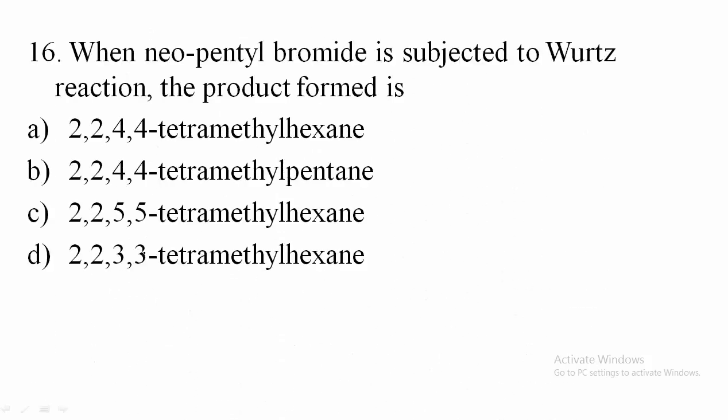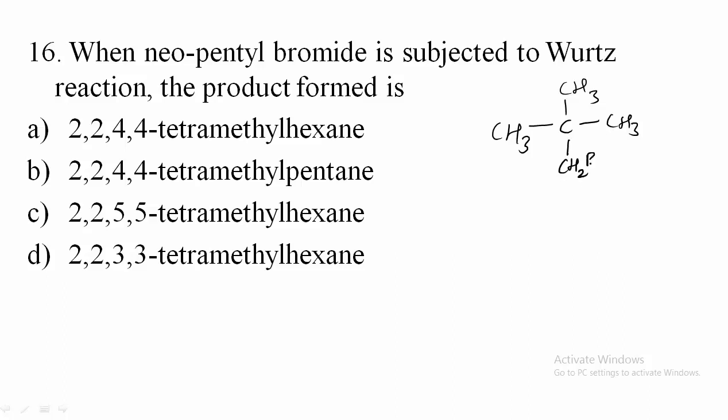16. When neopentyl bromide is subjected to Wurtz reaction, the product formed is? Neopentyl bromide means neopentane that consists of one bromine. So simply see the reaction. In Wurtz reaction, sodium metal should be present and dry ether should be the medium. Let's take neopentyl: CH3, C, CH3, CH3, and CH3 should not be written here because bromine is there.